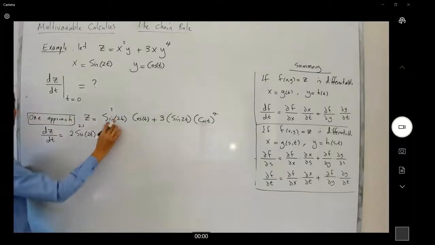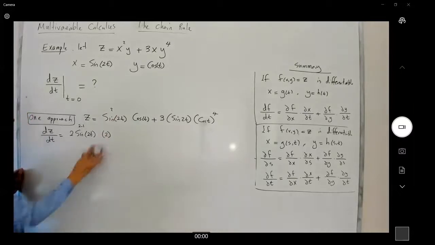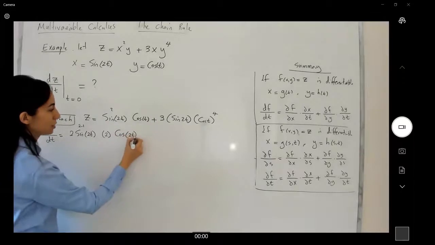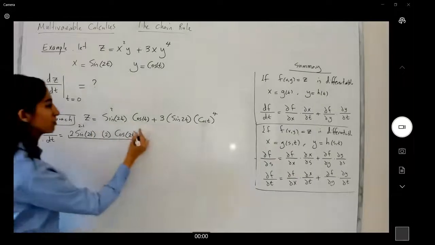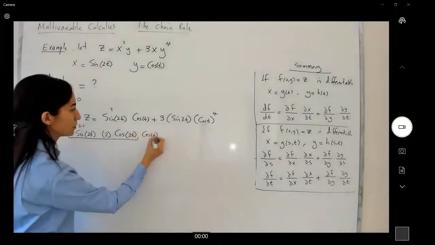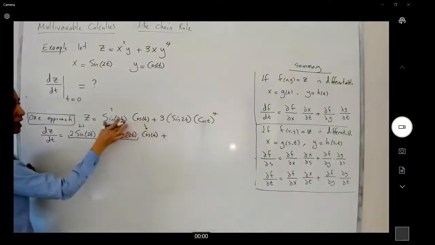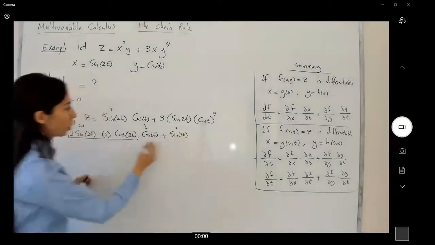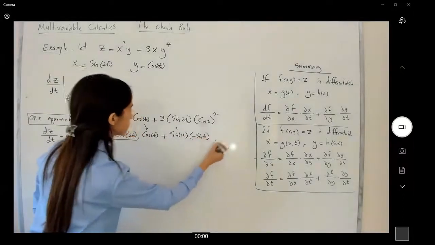Then using the chain rule, that's what you learned in elementary calculus, times 2, and the derivative of sine is cosine 2t. So this is just the derivative of sine squared 2t, and we multiply it by cosine t. Plus, now we take the derivative of cosine t and multiply it by sine squared 2t. So copy down sine squared 2t times the derivative of cosine, which is minus sine t.